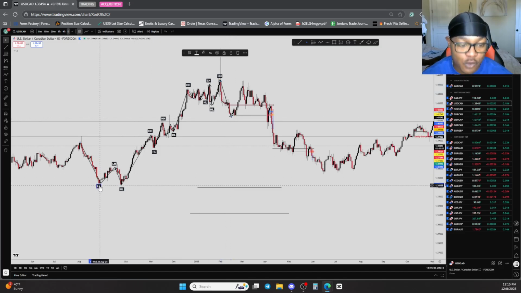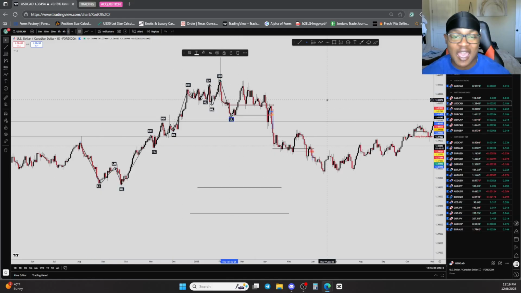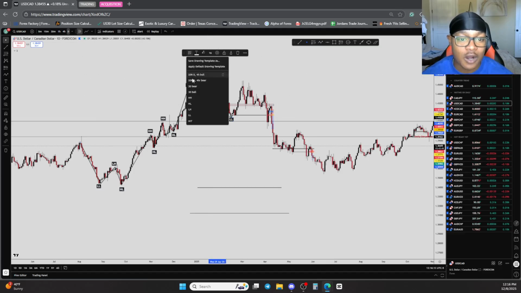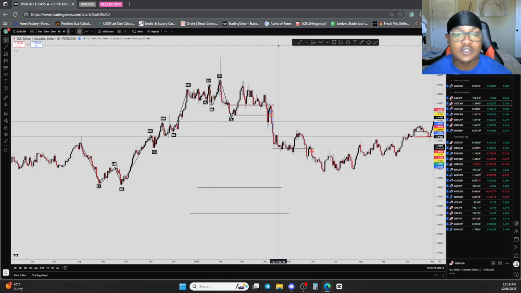And if price forms a lower low in the market, that means we must have a lower high. Where is the last high point that presented us with the break of structure? That would be here. So instead of it being our higher high, it then changes to a lower high due to the switch of structure.